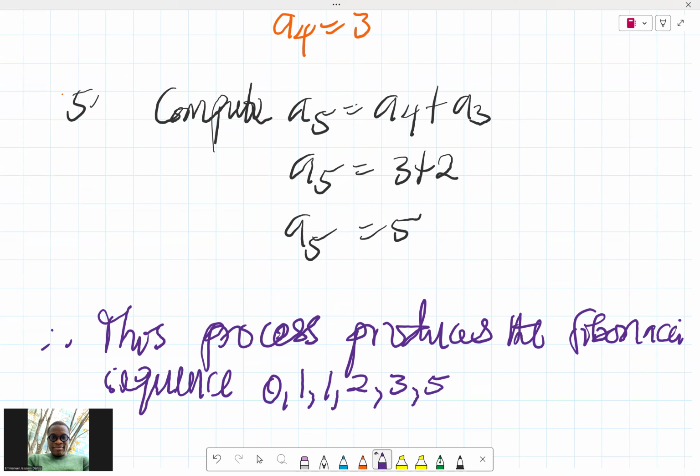That's what we have generated. We can keep going, and have things like 3 plus 5 is 8, 5 plus 8 is 13, 8 plus 13 is 21, 13 plus 21 is 34, 21 plus 34 is 55, and so on and so forth. That just keeps going like that. So that's the end of this.